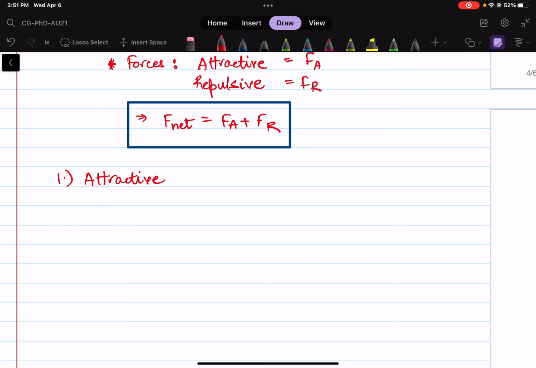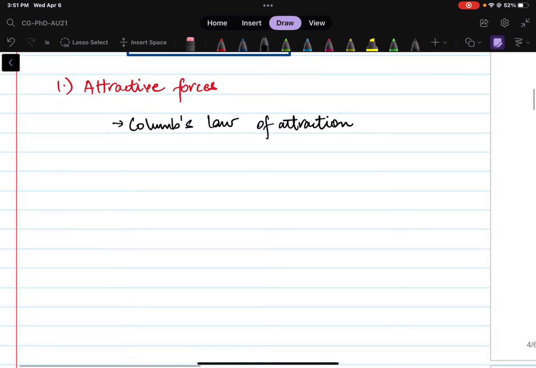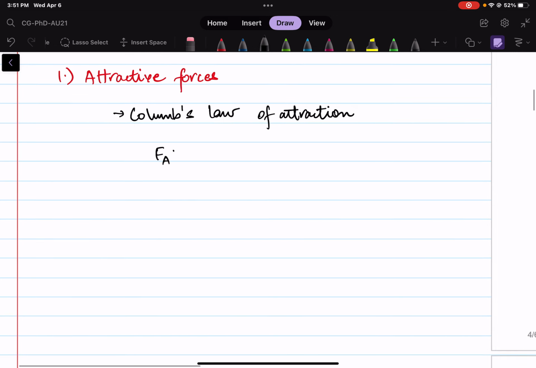Attractive forces between ions are given by a commonly known law, Coulomb's law of attraction. And the force FA here will be given by a constant, multiplied by Q1 multiplied by Q2, divided by r squared.